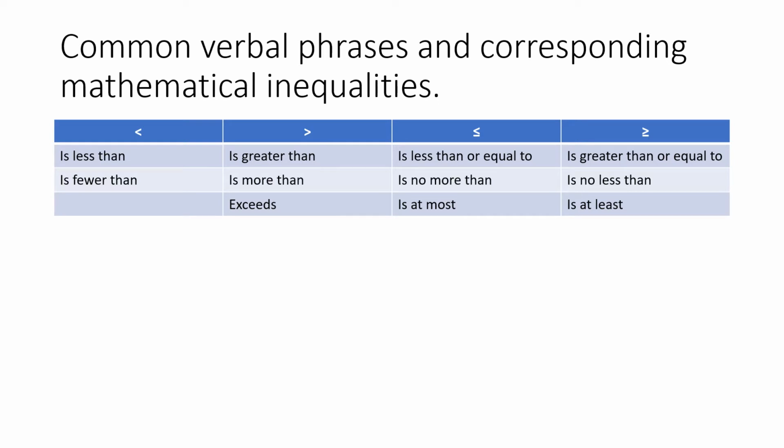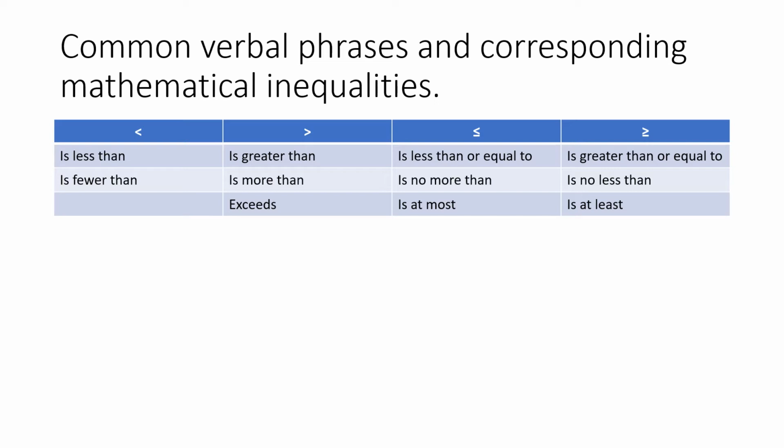For the greater than sign, the most common phrase is "greater than," but it can also be "is more than" or "exceeds." So the number of apples John has exceeds the number of apples Mr. Jones has.